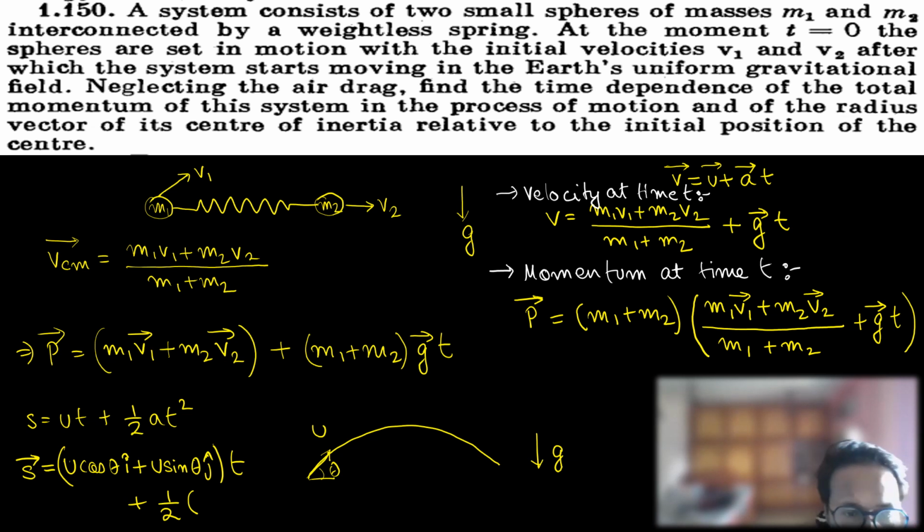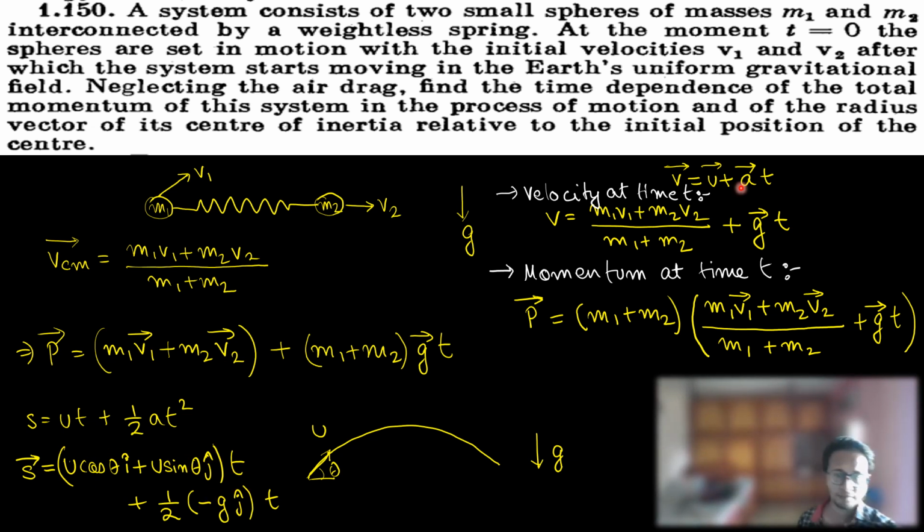So g only has a j component, so minus g j, into t squared. What I did here is, this formula s is equal to ut plus half at square gives both the x component and y component. Because i will only interact with i and j will only interact with j, that is why in projectile motion you can divide the components into x component and y component: in vectors, i only reacts with i and j only reacts with j in addition, subtraction and dot multiplication.